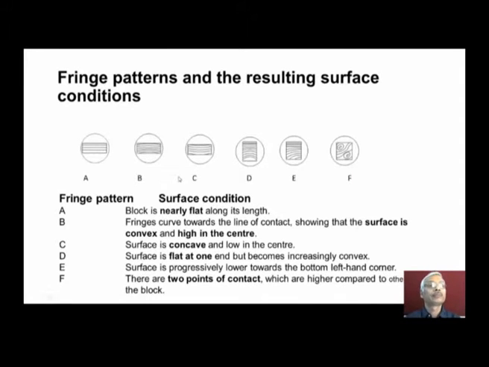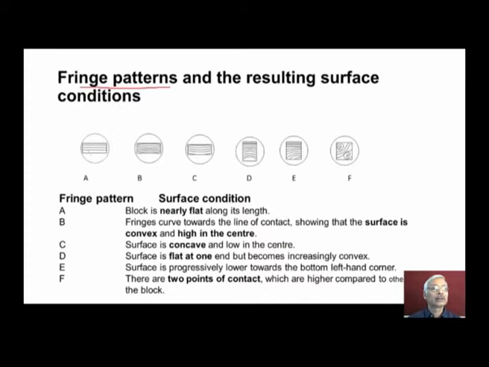Now, different fringe patterns we get depending upon the surface condition of the workpiece. You can observe here we have different fringe patterns A to F, and the corresponding surface condition is also mentioned here.